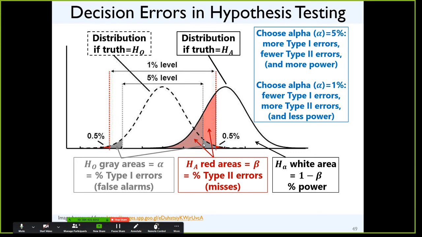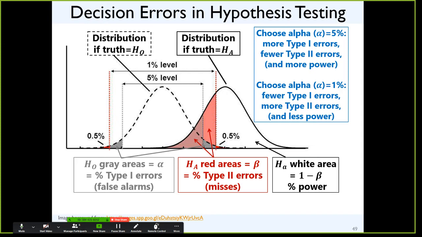It makes it easier to say that we are in unexpected territory. If I set the alpha at 1%, it makes it harder to say that we're in unexpected territory. But if it's harder to say it's unexpected, we're more likely to miss things. The red section here conveys the type 2 errors.